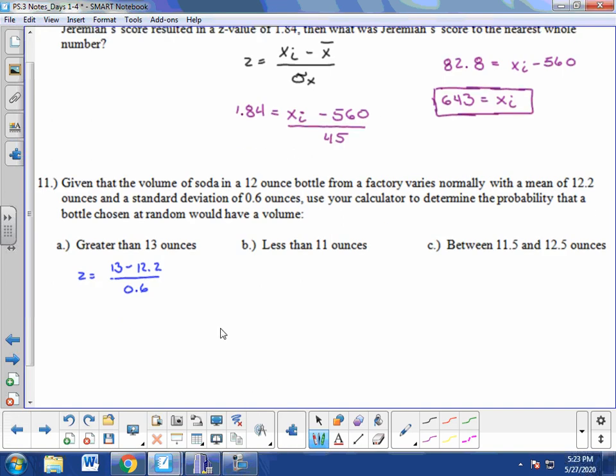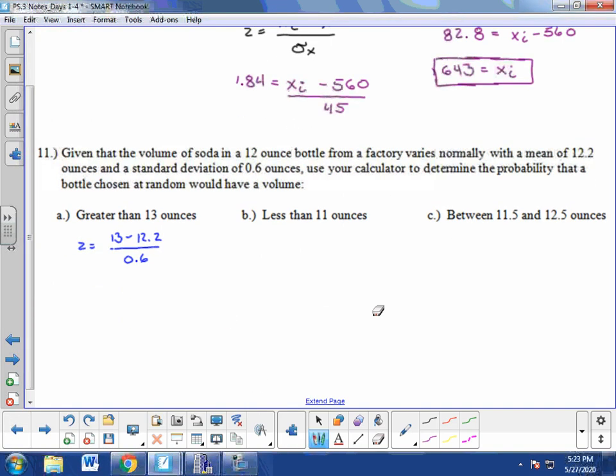So if you have the graphing calculator, we can come up with a z-score if we wanted to, but we don't really need to use it. What we're going to do instead is get an idea of what it is that we're looking for here. So I'm going to draw a graphical representation. Here's my mean. It's 12.2.